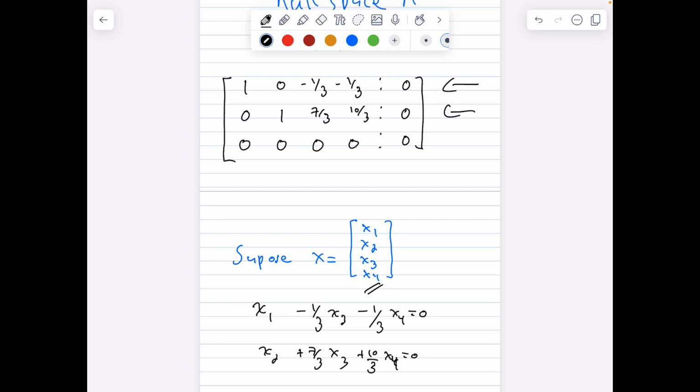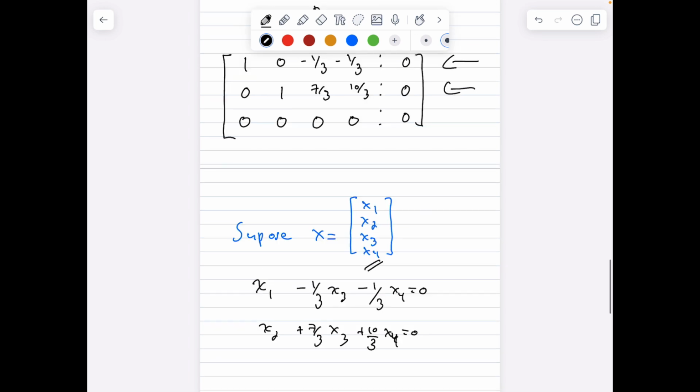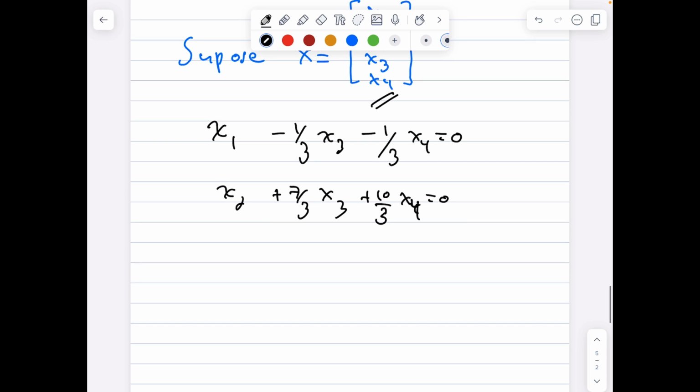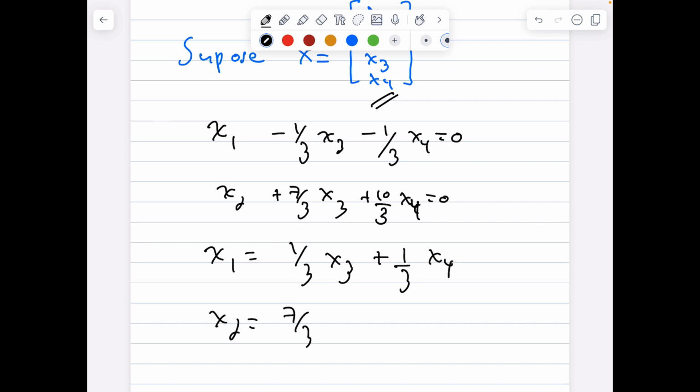Each one of those rows represents the coefficients of an equation, so that's why we have what we have here as our equations. And essentially what you're going to do is solve for x1 and x2. So x1 would be 1/3 x3 plus 1/3 x4, and x2 is equal to 7/3 x3 plus 10/3 x4.